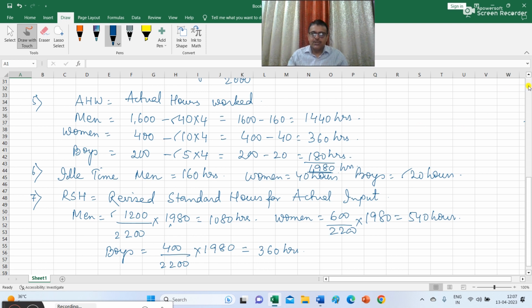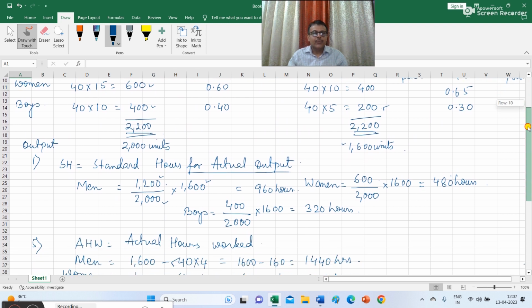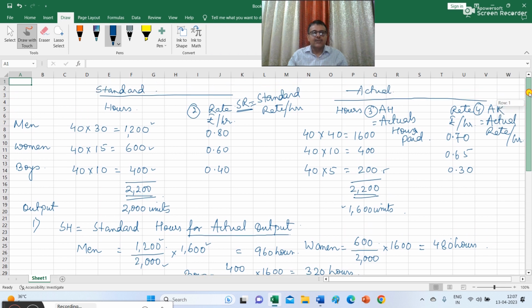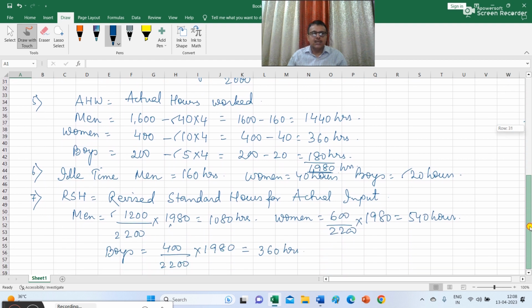For recapitulation, let us see. First, I have calculated the standard hours for actual output. Then, the standard rate is given in the table. Actual hours paid, that is AH, I have written here in the table. AR is the actual rate per hour. Then fifth parameter is actual hours worked, that is actual hours paid minus the idle time.